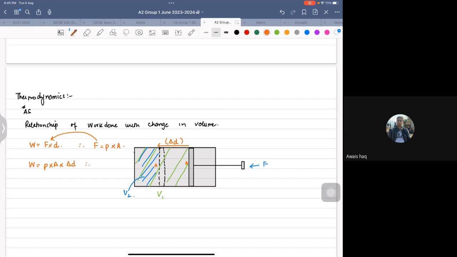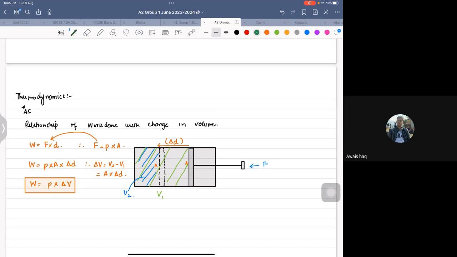And we must understand that the change in volume, which is V2 minus V1, is the area multiplied by the change in distance moved. So I can simply write work done as pressure times change in volume. This is the formula we learned in AS and we need in A2 as well.